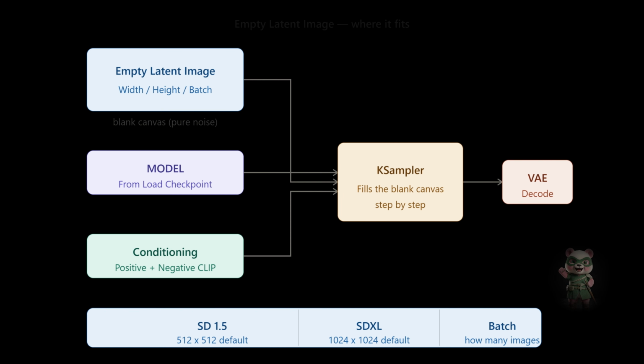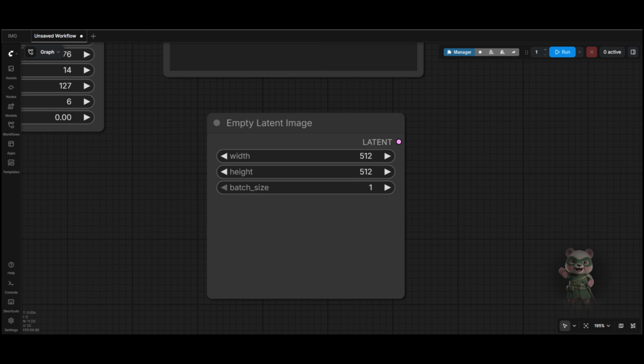One very important thing for beginners: the resolution must match your model. For SD 1.5 models, use 512x512 or 768x512. For SDXL models, use 1024x1024 or 1152x896.